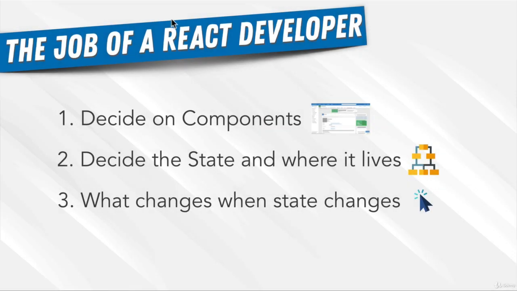Now, again, remember the keys to being a great React developer? The second point was to decide the state and where it lives. Now, up until now, we've only had state in our app component. But as we move further along in the course, you'll notice that we can put state wherever we want. So before we even get to that, let's think about this.